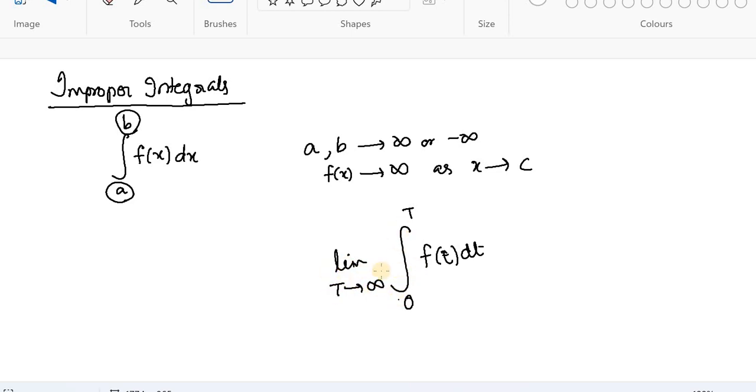So the limit as t goes to infinity of the integral from 0 to t of f of t dt is the meaning of writing the integral from 0 to infinity of f of t dt. If this quantity exists, then we say that this improper integral exists.